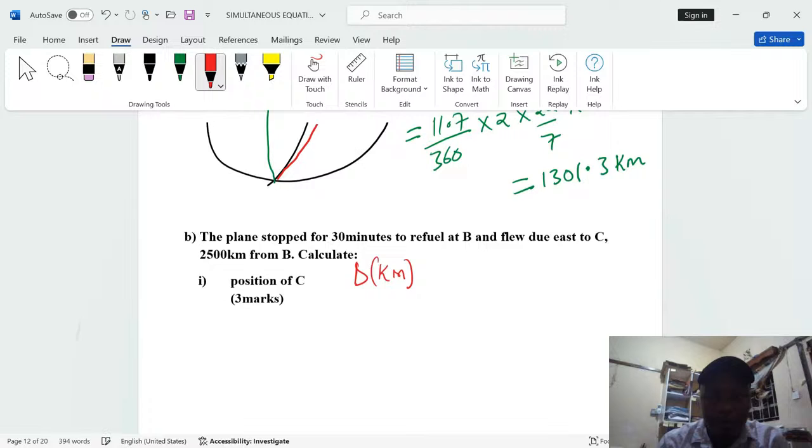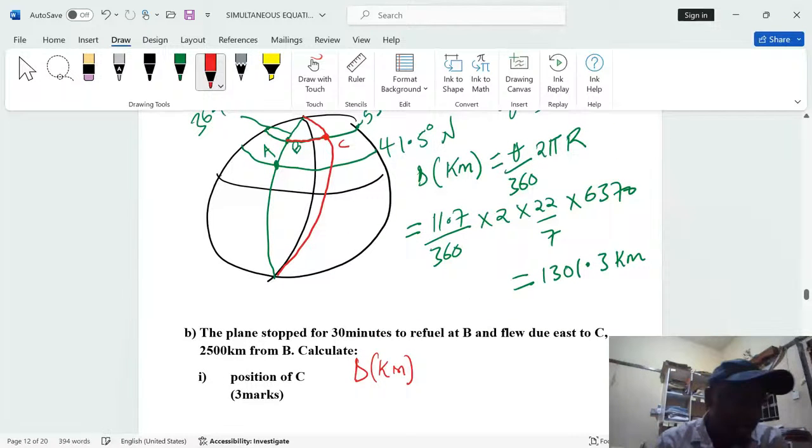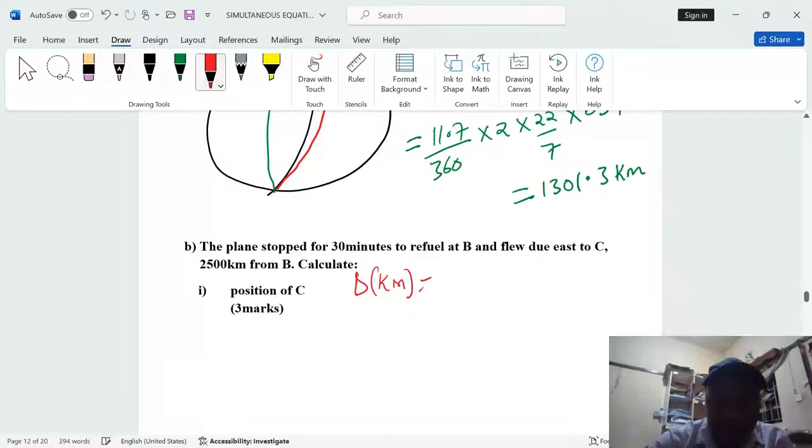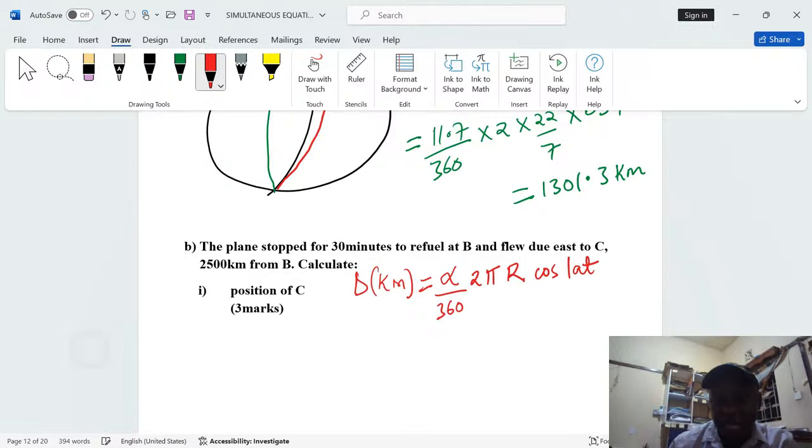Now from B towards C, we are moving along a small circle. That is a parallel of latitude. Therefore, we are moving along a small circle. And the distance in such a case is usually given by the angle difference divided by 360 multiplied by 2 pi capital R multiplied by cosine of the latitude where the movement is happening.